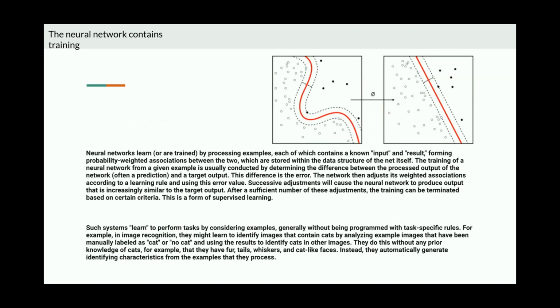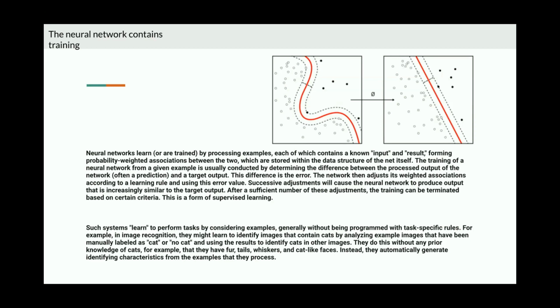The difference is the error. The network then adjusts its weighted associations according to the learning rule and using the error value. Successive adjustments will cause the neural network to produce output increasingly similar to the target output. After a sufficient number of these adjustments, the training can be terminated based on certain criteria. This is from supervised learning.